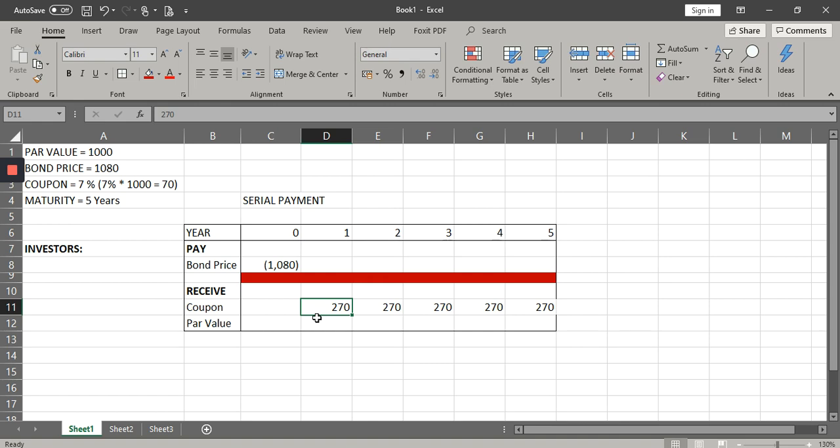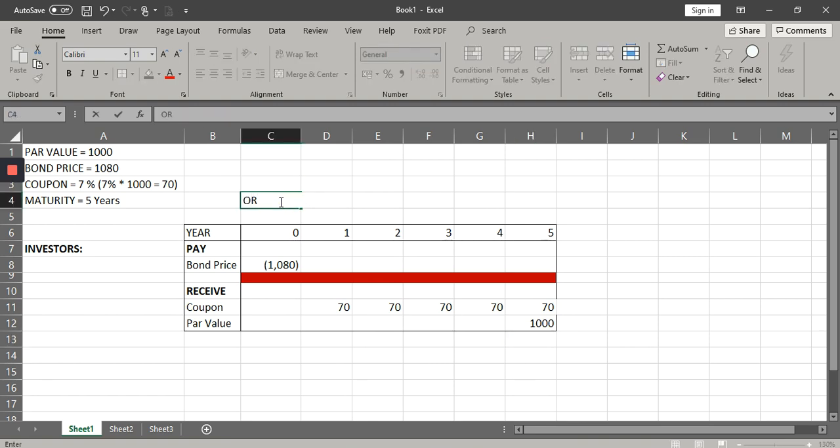So that is how we have different types of bonds. But class, remember what we are very focused on is the ordinary bonds, with the examples I gave you earlier, where you get 70, 70, 70, and at the end of the maturity you get the par value.